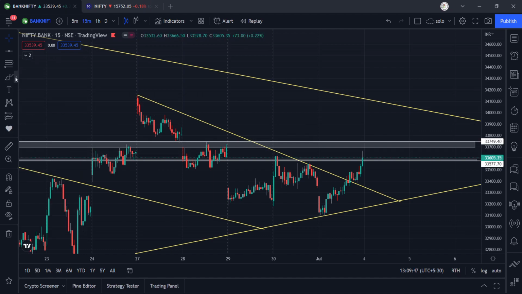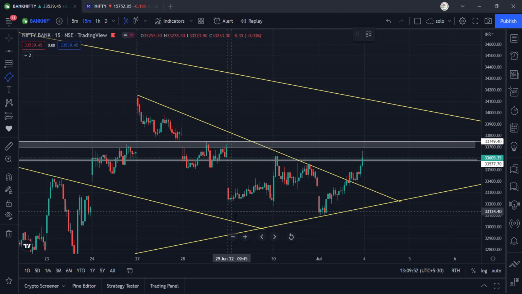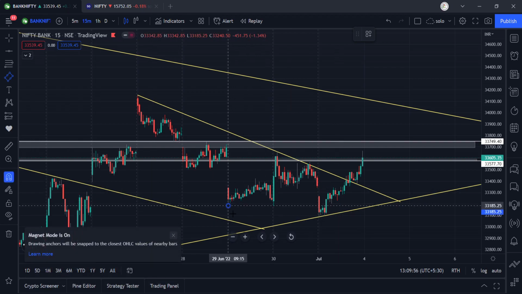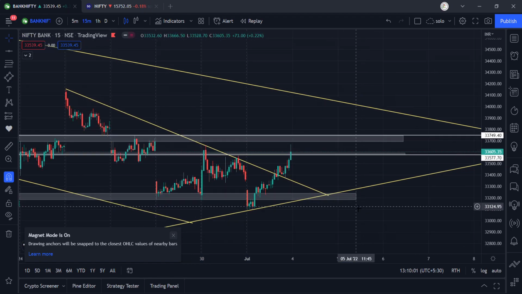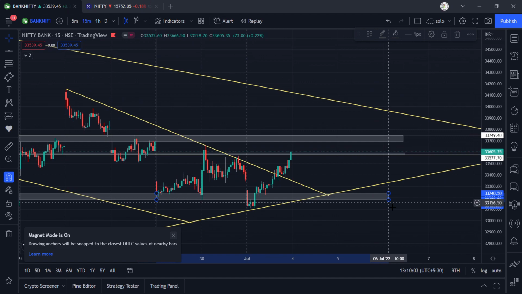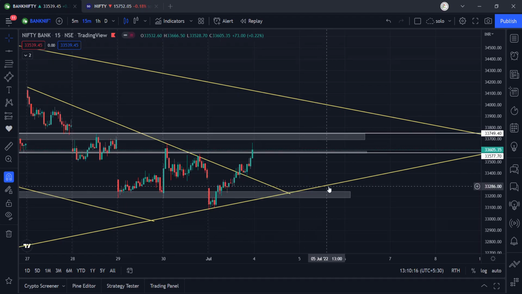For the bearish side, we'll be having a target of here, the clear target. This will be our bearish target. From here to here, our trend line is also here, so we'll be having a double golden target with a trend line and a support.